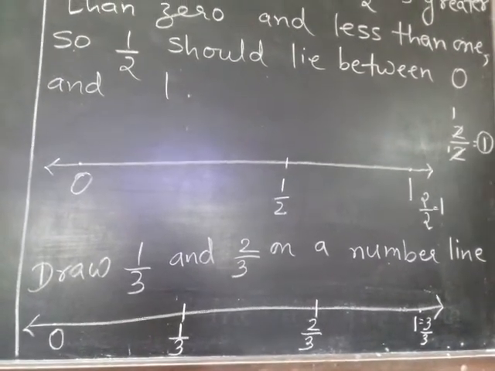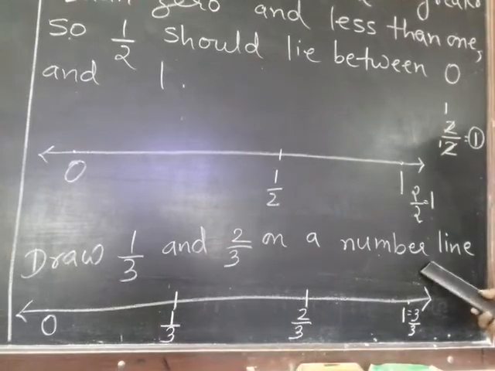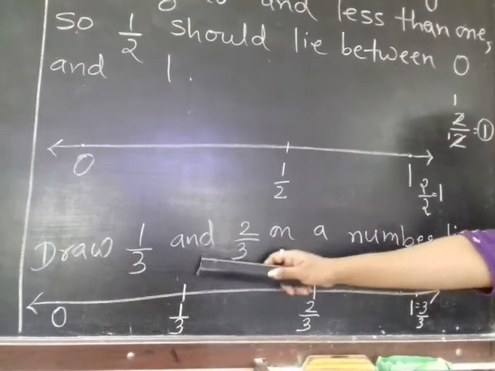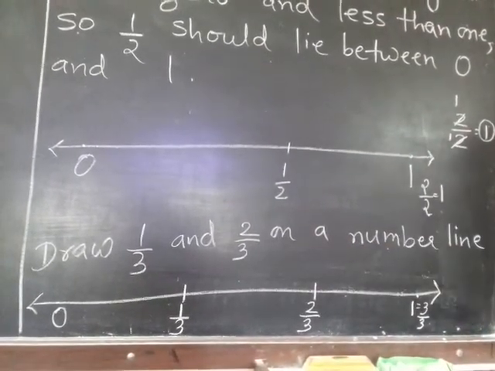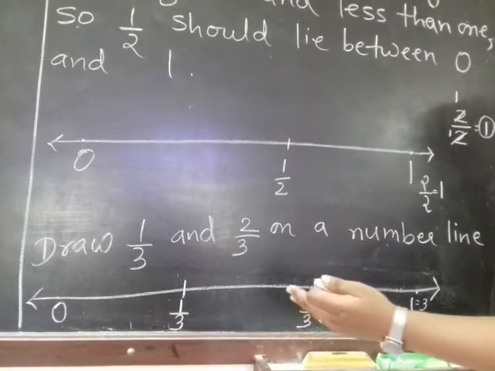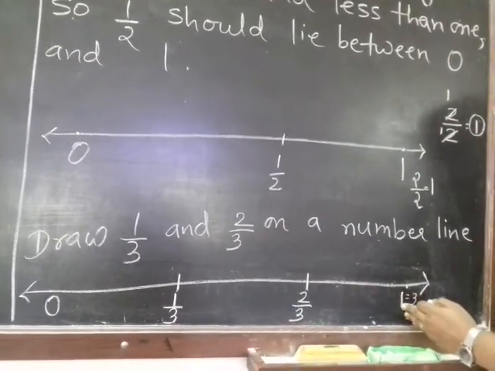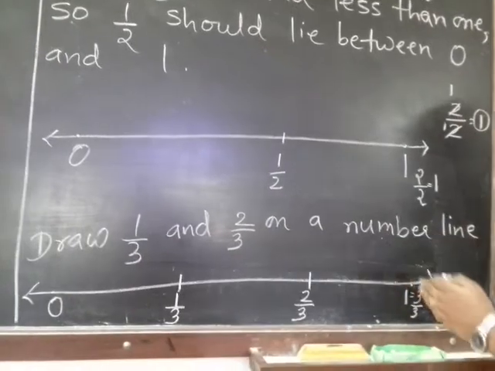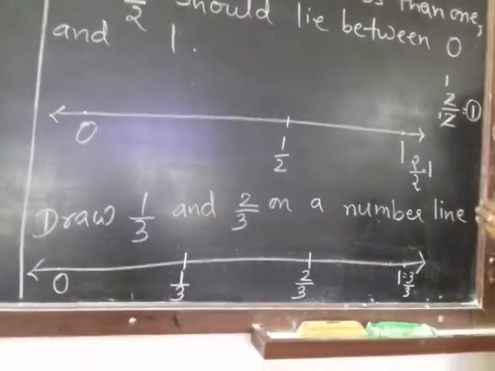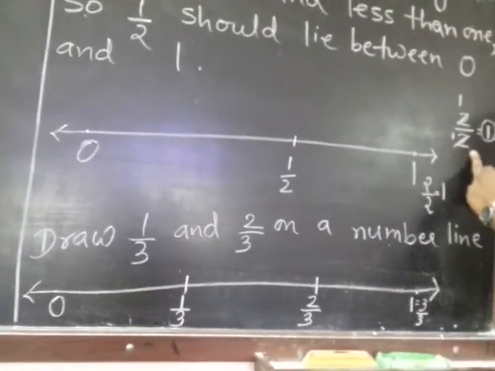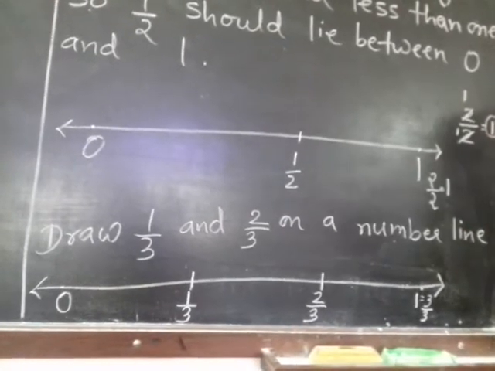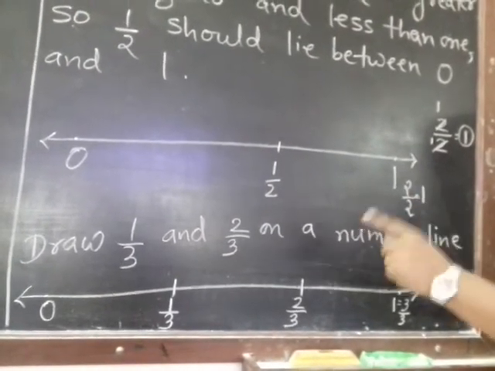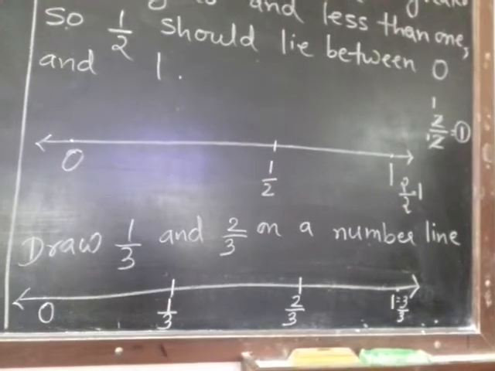Coming to the next example that will make it clearer. Draw 1/3 and 2/3 on a number line. Again it will lie between 0 and 1. How? Whenever we have the same number in the numerator and denominator, as I showed here, that will make one whole number. Fractions always lie between 0 and 1.